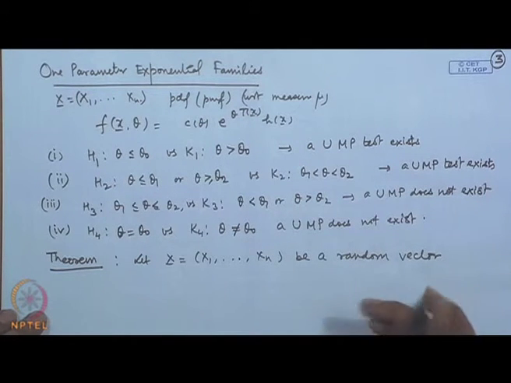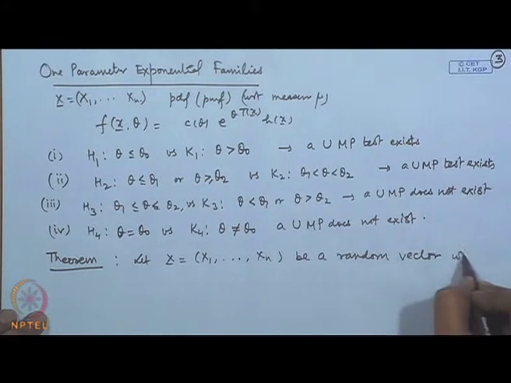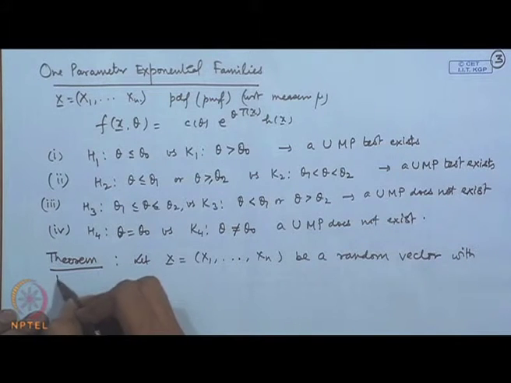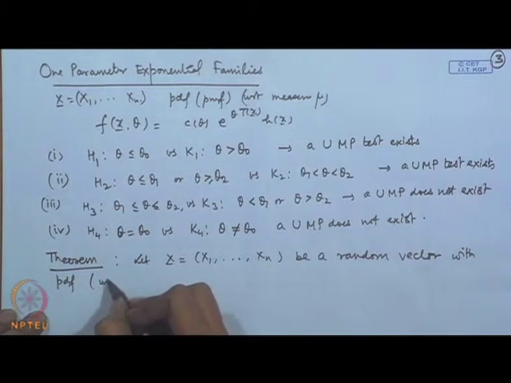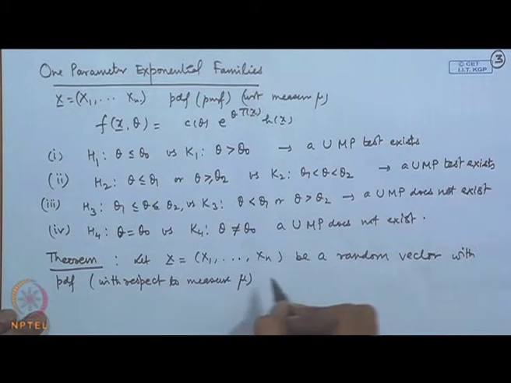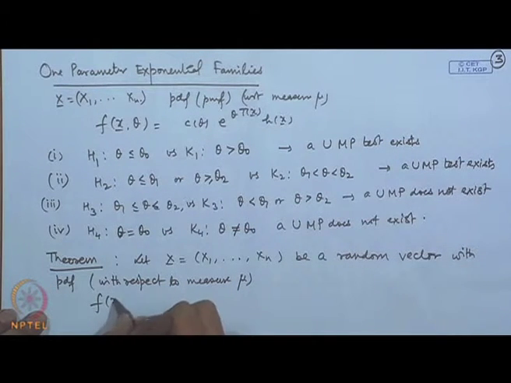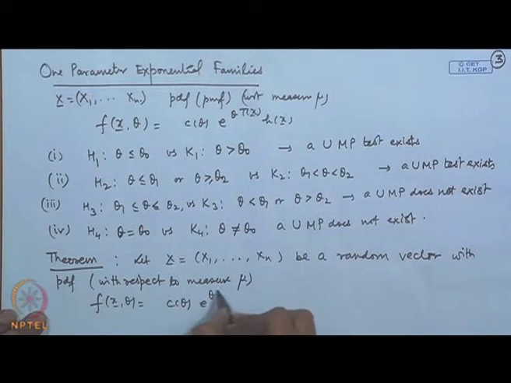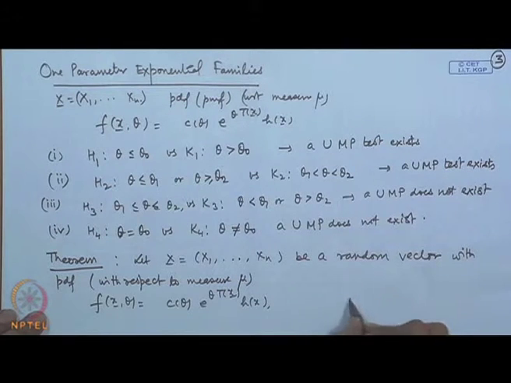So, I am calling it a random vector with probability density with respect to some measure mu. So, f(x, theta) is equal to c(theta) e to the power theta T(x) h(x), where theta belongs to Theta, a subset of R.